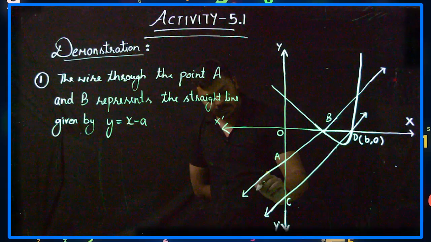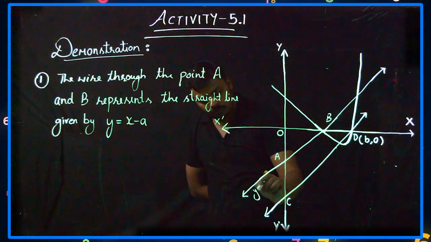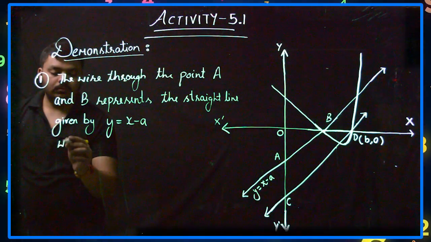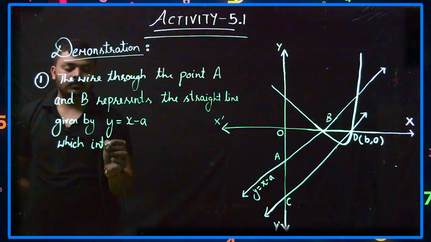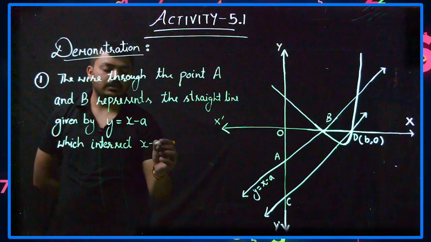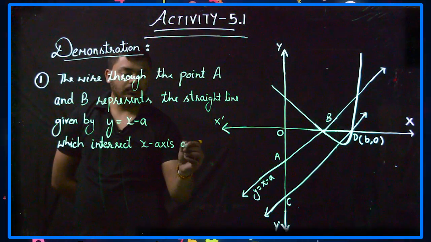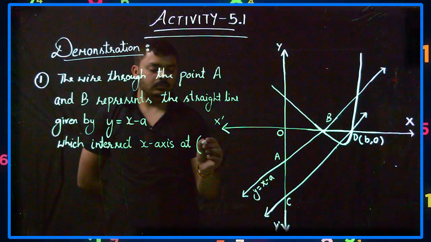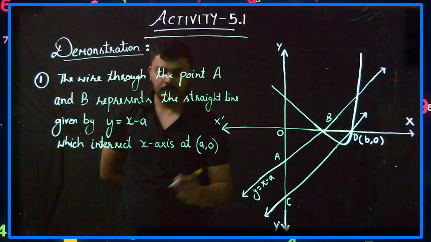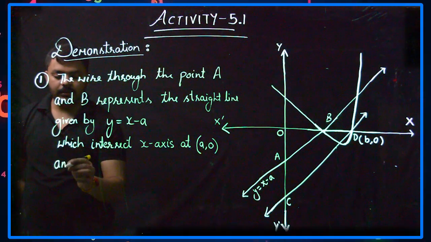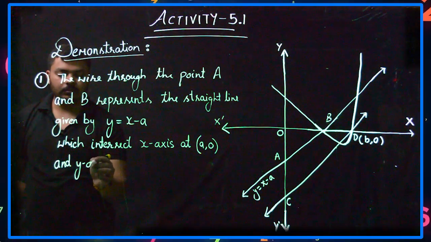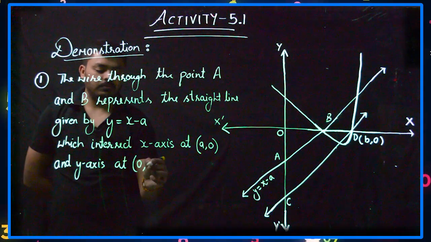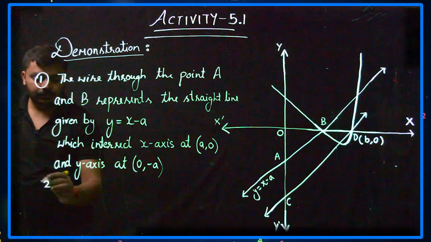So we can write this line as y equals x minus a, which intersects the x-axis at A0 and the y-axis at 0, minus a.